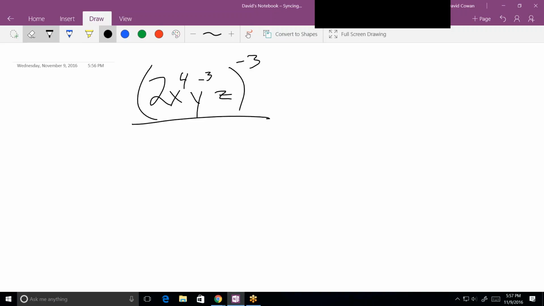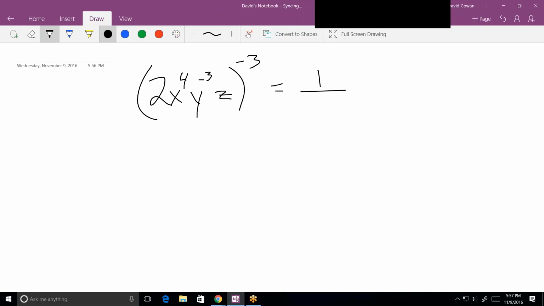Mm-hmm. Okay. So I'm going to do one at a time. In other words, that negative 3 applies to everything in the parentheses. So what's 2 to the negative 3? Negative 6. No. A negative exponent merely means it's a reciprocal.